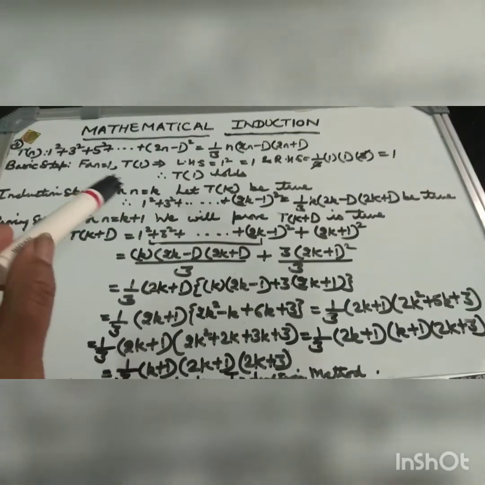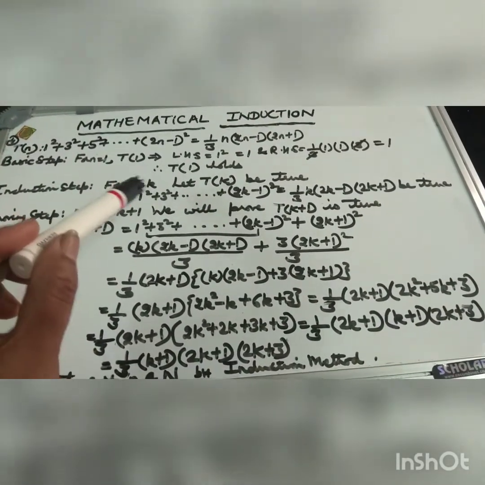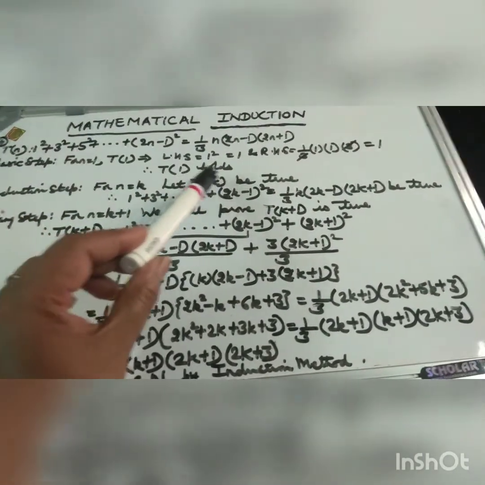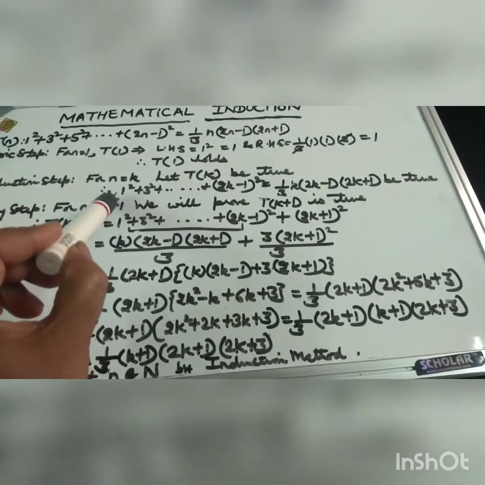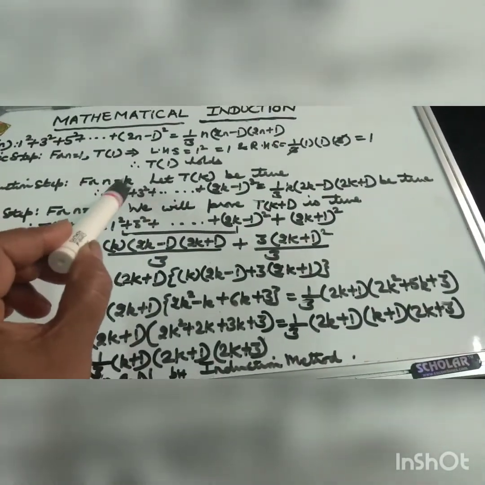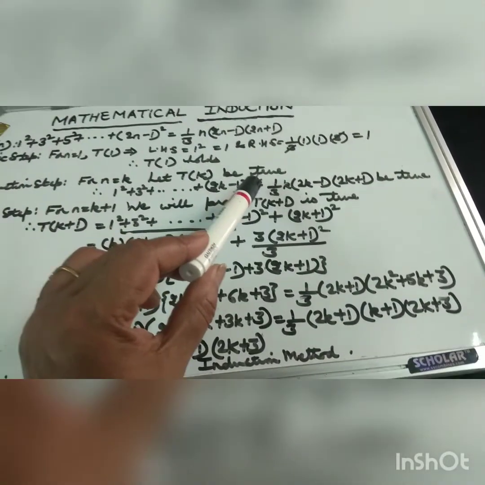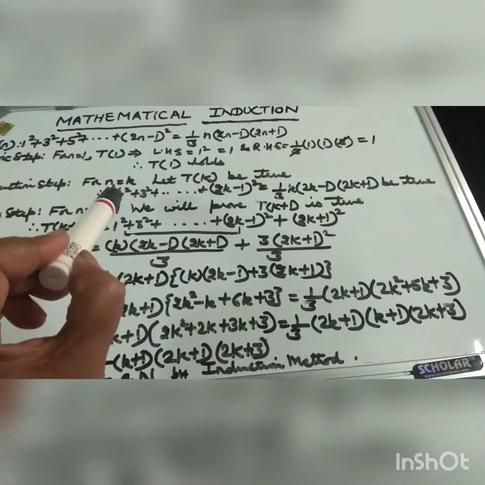We are not proving it, we are assuming or inducing this step. So for n equals k, let T(k) be true. Now if T(k) is true, therefore what happens here? 1 square plus 3 square plus up to (2k minus 1) whole square, replacing n by k, and you are getting this statement.